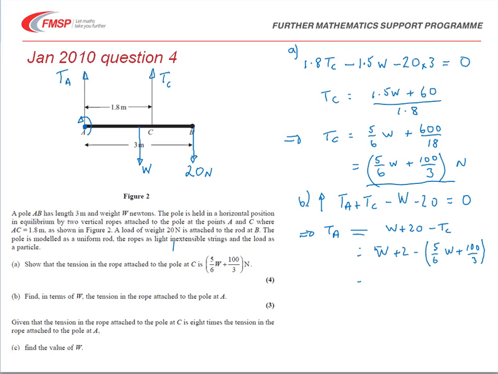So that's W minus 5/6 W, which is 1/6 W, and then over 3 we've got 20, sorry, it should be 20 there. So 20 is 60 over 3. 60 over 3 minus 100 over 3 gives us negative 40 over 3. So there's our expression for TA.